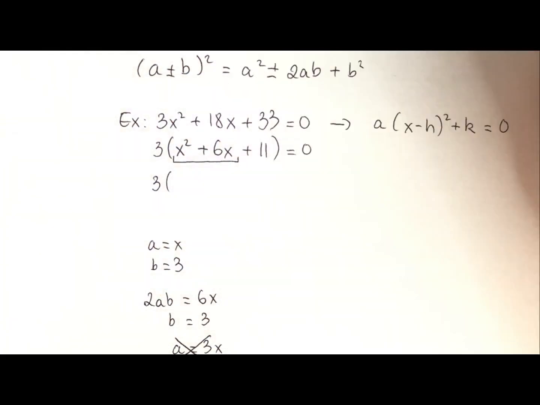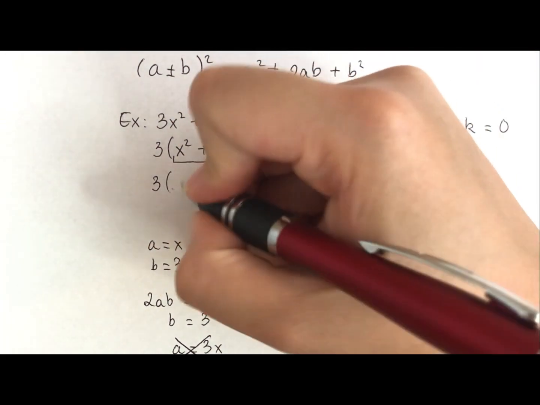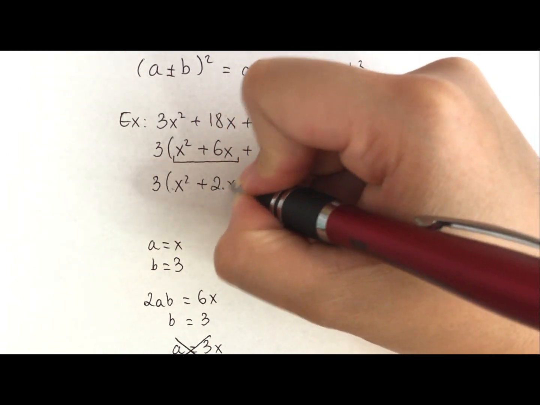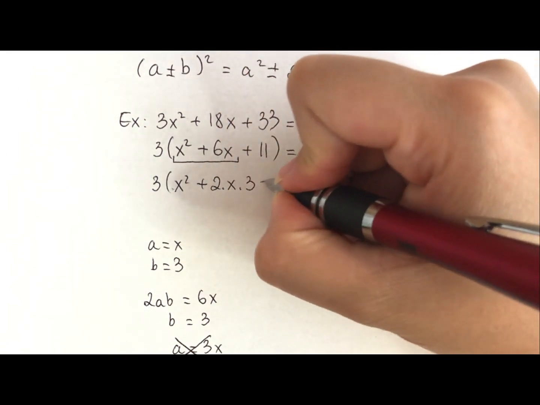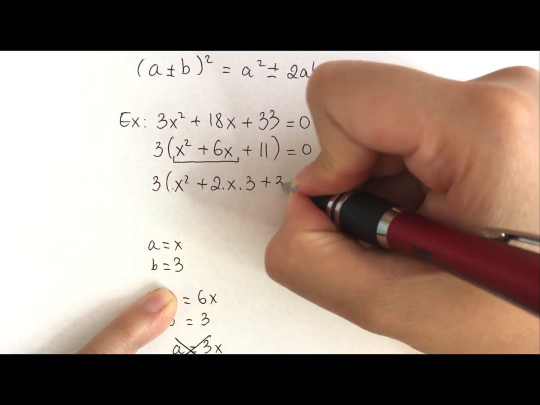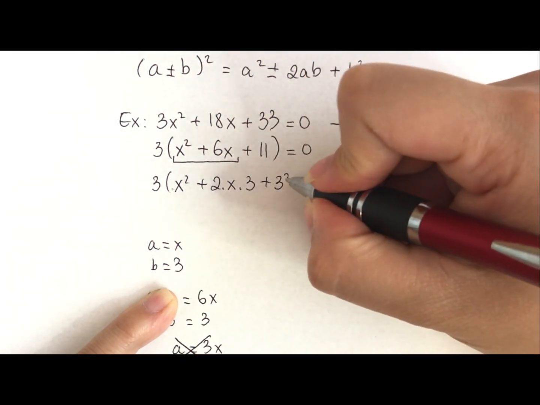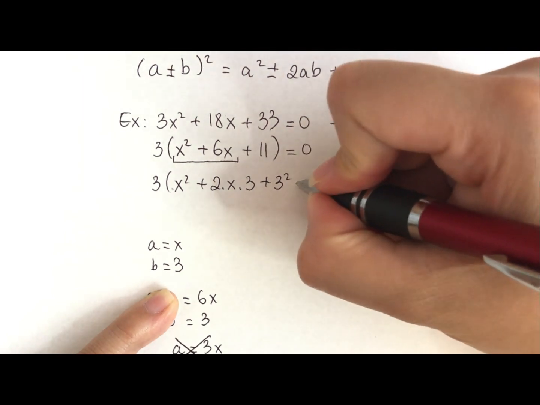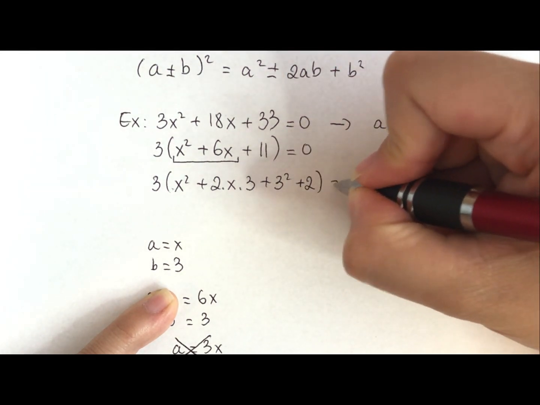Remember, the factor is still there. So now we have a squared, which is x squared, plus 2ab plus b squared. b squared is 3 squared, which is a 9. And remember, originally we have 11, so we have to add 2.